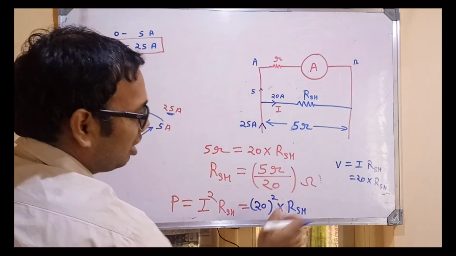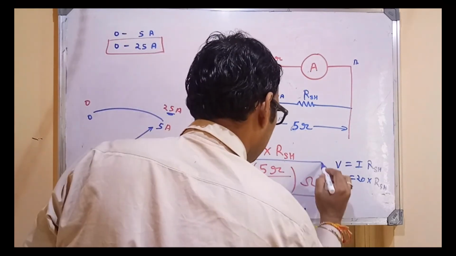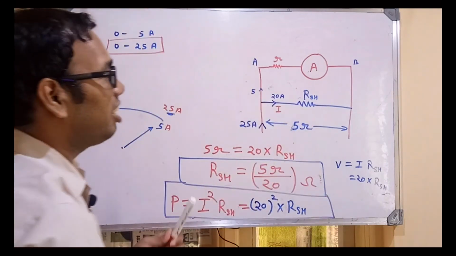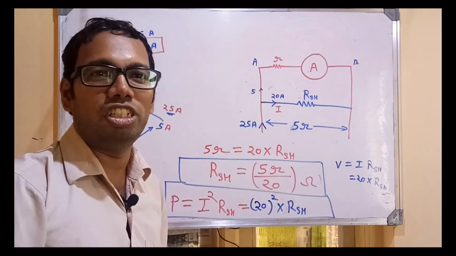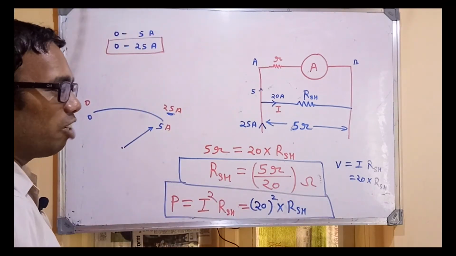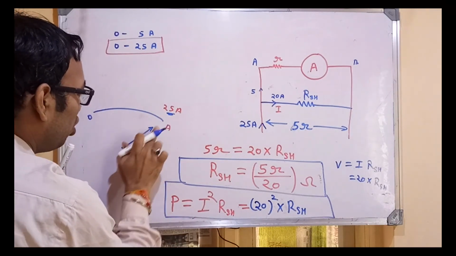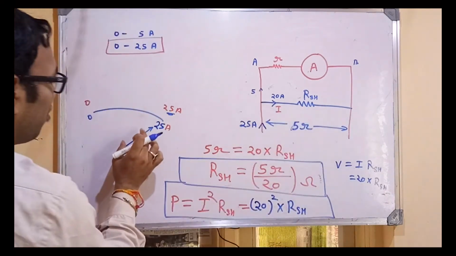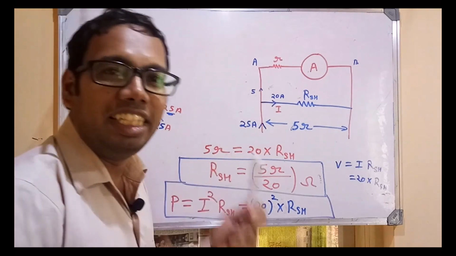From these two equations we can calculate the shunt resistance we have to put so that this 0 to 5 ampere ammeter is converted into 0 to 25 ampere. If we put this resistance, my meter will change to 0 to 25, reading linearly.